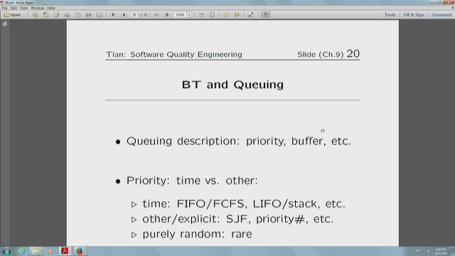Okay, so let me stop there. I know I went through this a little more quickly than I would like to, but I covered most of the important ideas in boundary testing, and the details are in the textbook. You can read it.